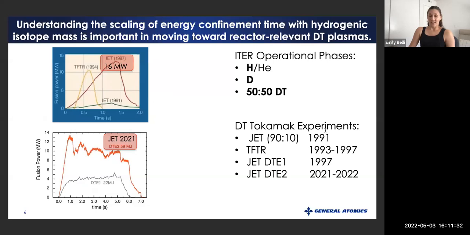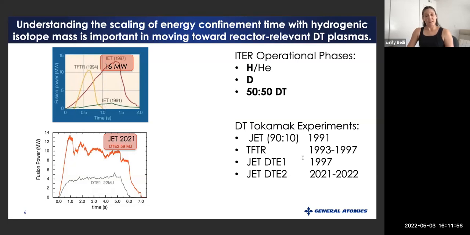The first time was in 1991 at the JET tokamak in the UK using a 90-10 deuterium-tritium fuel mixture, which produced about 2 megawatts of fusion power over a 2-second pulse. 2 years later, a 50-50 DT campaign was run at the TFTR tokamak at PPPL, which in 1994 produced a record of 11 megawatts.